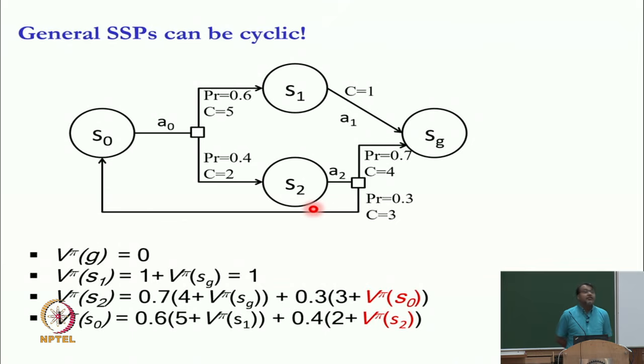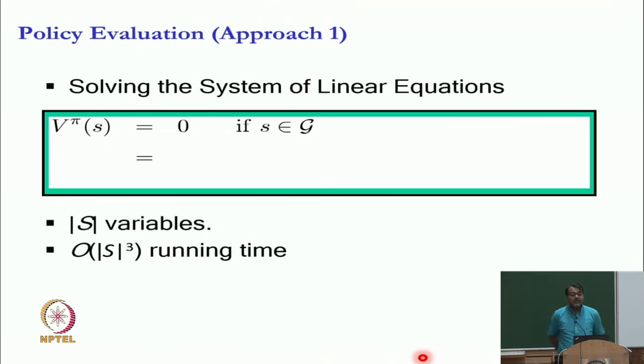This system of equations is in 4 variables and these are linear, because at every state I am computing the expectation, which is a summation of some probabilities which are given to us times some costs which are given to us plus some long term values which use the variables that are in my problem. So, I can write this down as a system of equations. These are S equations in S variables. I can solve it.